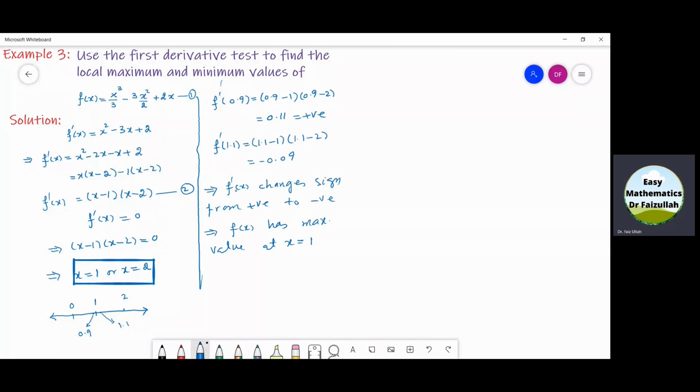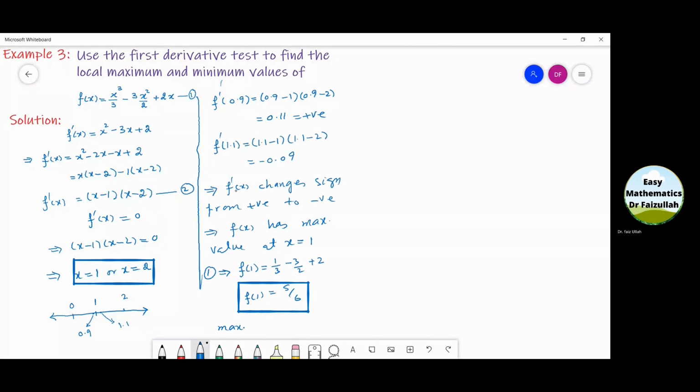And to find the maximum value, now we can put x is equal to 1 in equation number 1. So we have f of 1, which is equal to 1 cube divided by 3 minus 3 into 1 square divided by 2 plus 2 into 1. And if we simplify this, we get 5 by 6. And that is the maximum value at x is equal to 1.